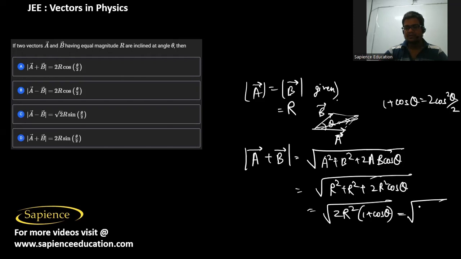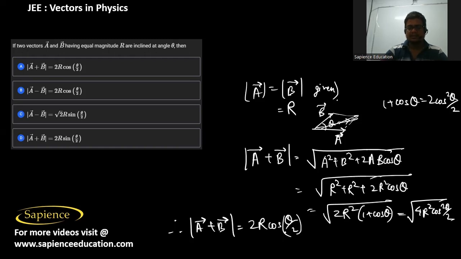So this will be the square root of 4R square cos square theta by 2. Therefore the magnitude of A plus B vector will be equal to 2R cos theta by 2. So option A is the correct answer.